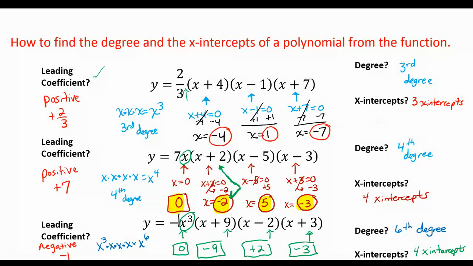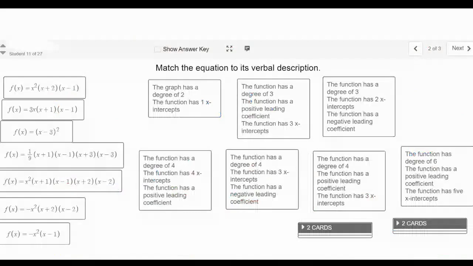Okay? All right, now we're going to talk about the Desmos. So first I'm going to show you how I set up the slide. So if you can listen for just a minute. On the side here, this one, this one, this one, this one, and this one all have positive leading coefficients.